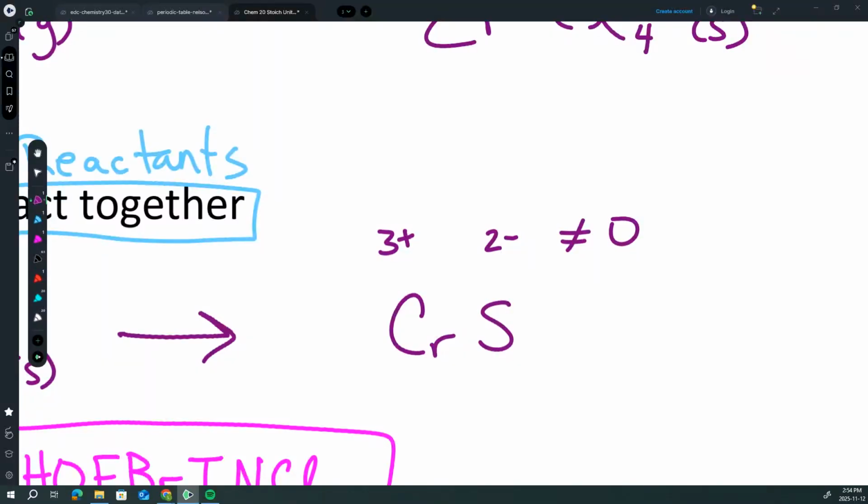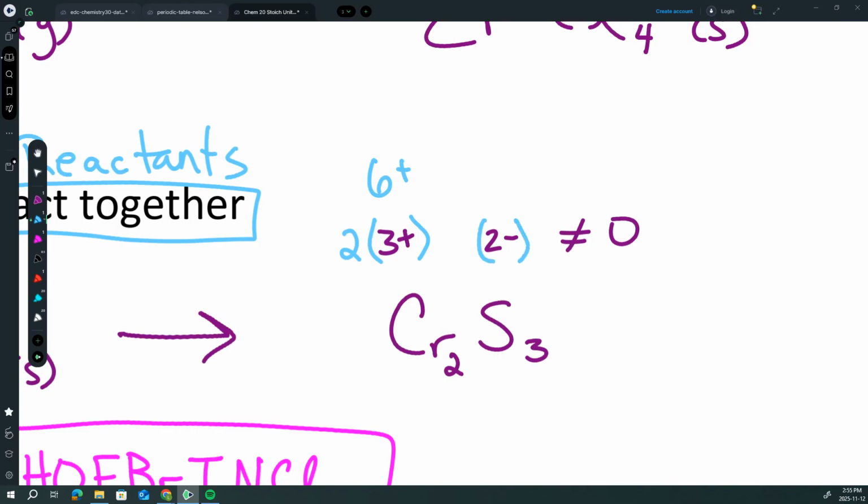All right, so since we know that 3 minus 2 does not equal 0, we got to do crisscross applesauce. So I'm going to put a 2 behind chromium and a 3 behind sulfur. So how that balances out the charges is that since we have 2 times the 3+ charge coming from chromium, that's going to give us 6+.